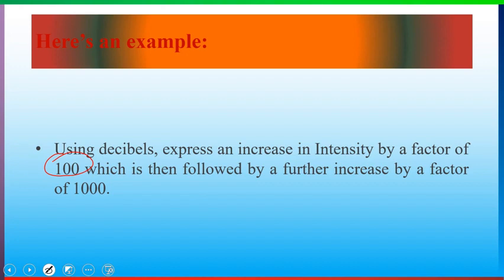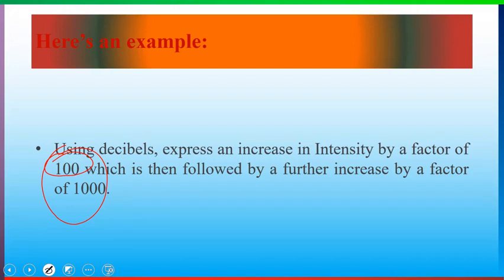First we'll express the change which is occurring by a factor of 100, and then we can express the change which is occurring by a factor of 1000, and then you will add both the decibels. And on the other hand, we first multiply both the changes, because both the changes are occurring simultaneously, one after the other. So first of all, we'll have to multiply both of them, and then we will collectively express the result in decibel.